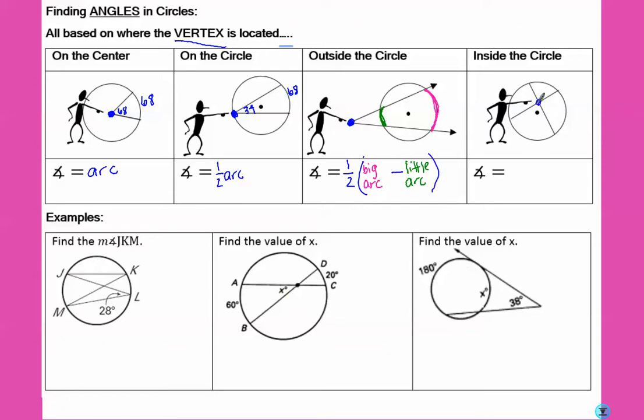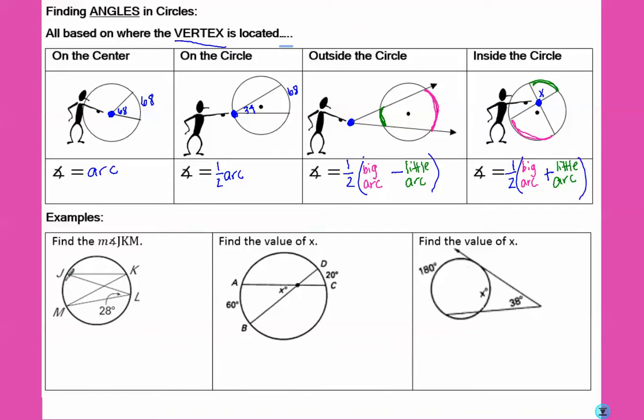If they intersect inside the circle, but not on the center, it's going to be half of the big arc plus the little arc. That would give us this angle in here.